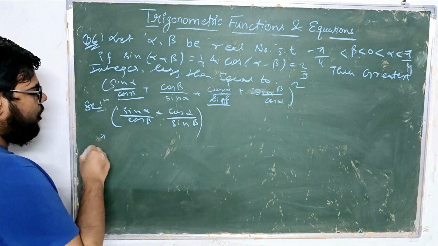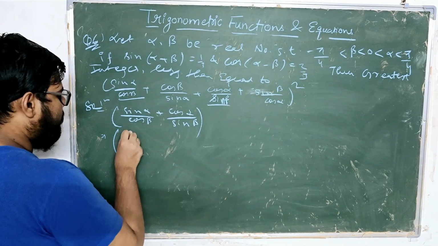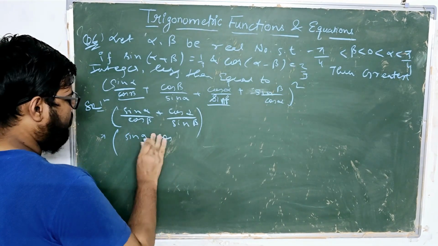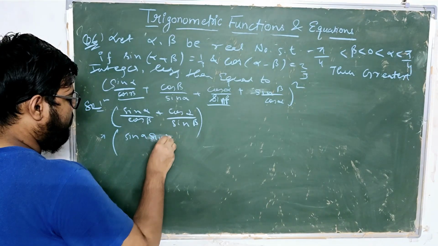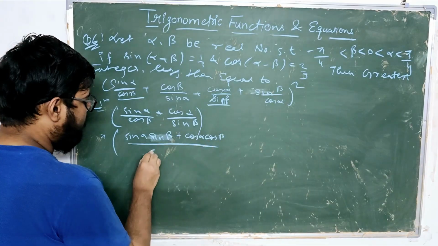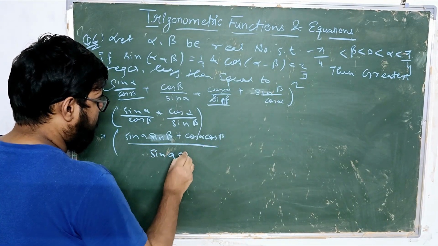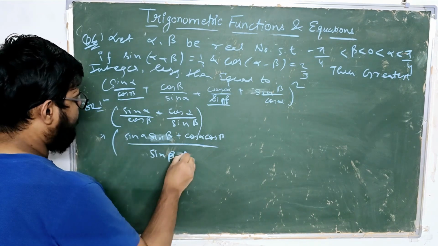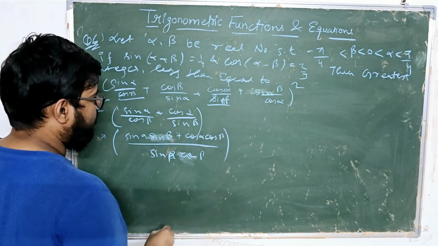You get sin alpha times sin beta plus cos alpha cos beta over sin beta into cos beta, correct?